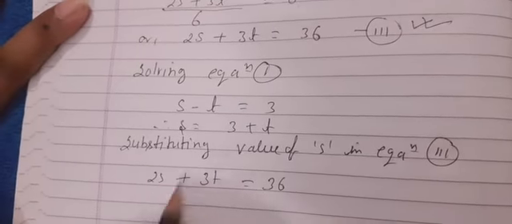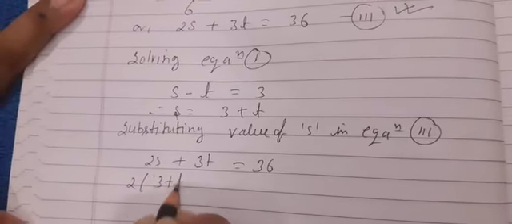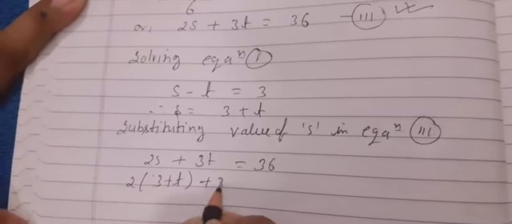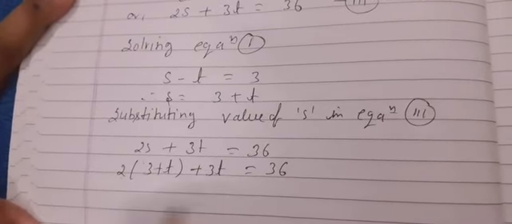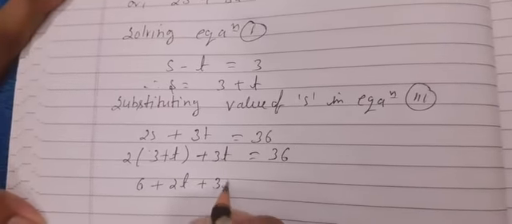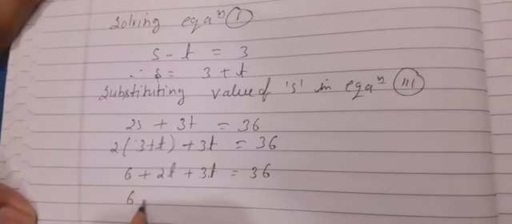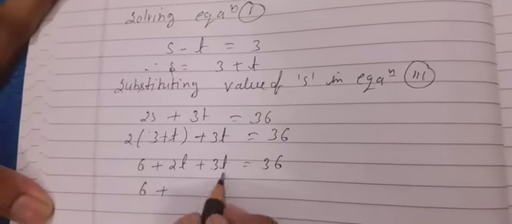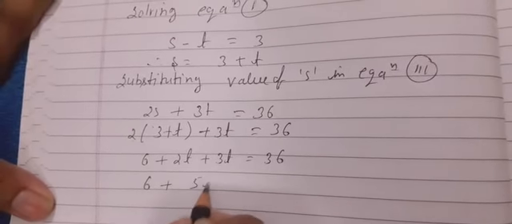Now putting the value of s here, this will be 2 into (3 plus t) plus 3t is equal to 36. When we open the bracket, this is 6 plus 2t plus 3t is equal to 36. Now 2t and 3t are similar terms, so this will be 5t.